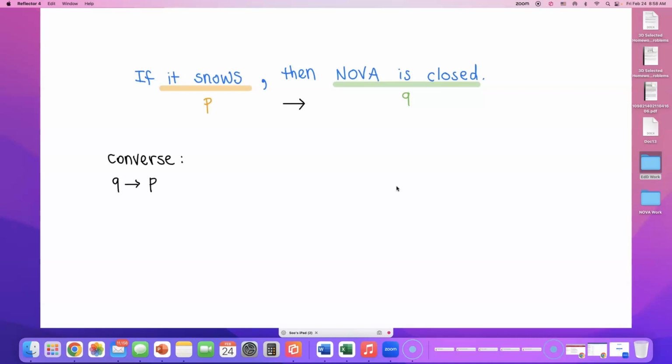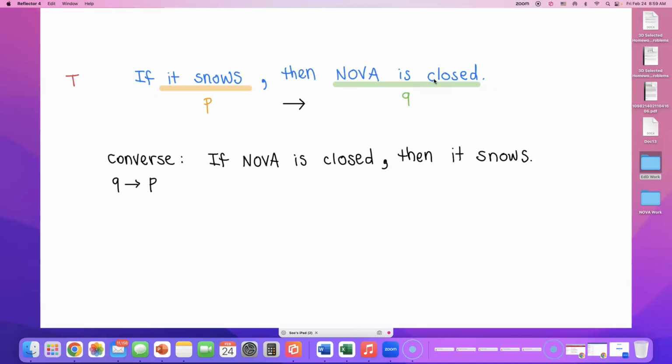So converse of my blue statement will be, if Nova is closed. Yeah, write that Q part first, right? Then, what do you think comes after that? Then it snows. Nonsense now, right? I mean, the first one at least made some sense, right? If it snows a lot, then yeah, Nova will be closed.